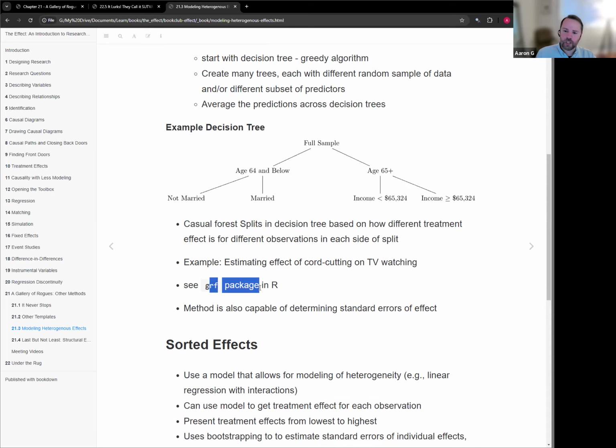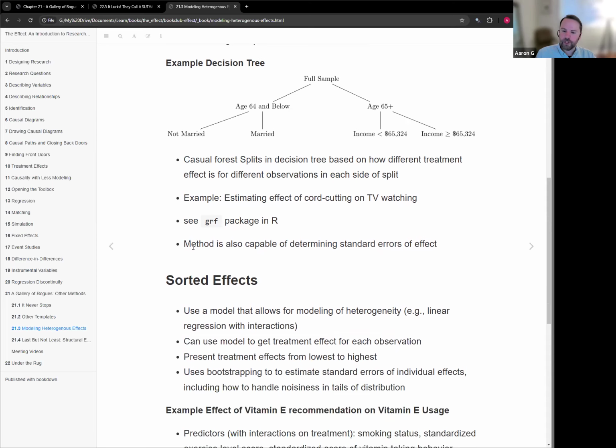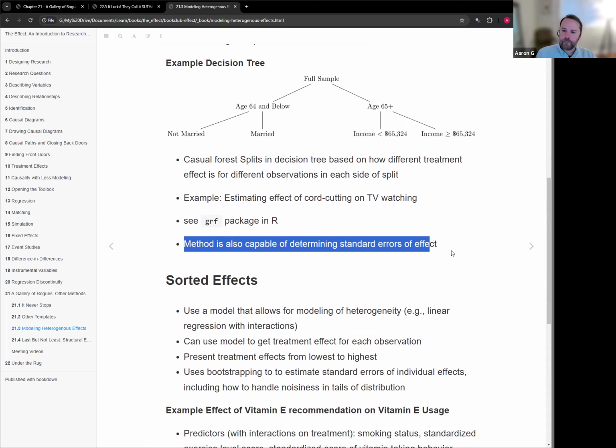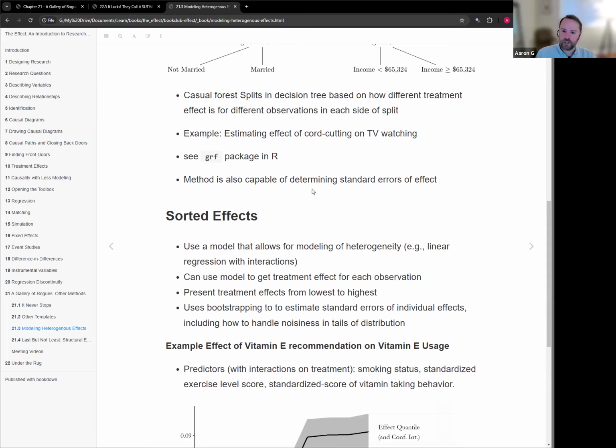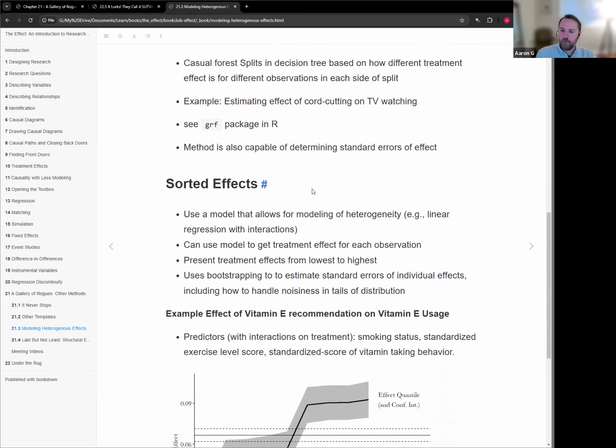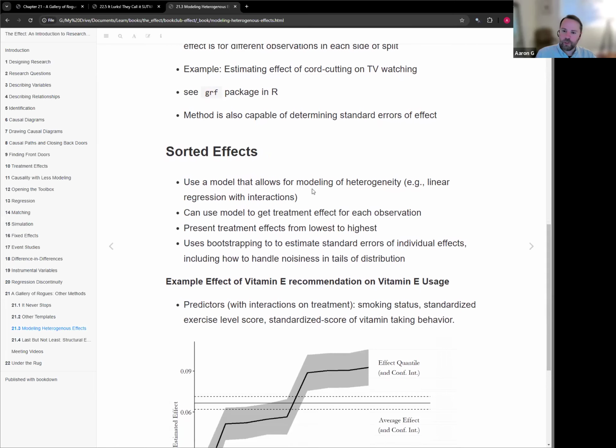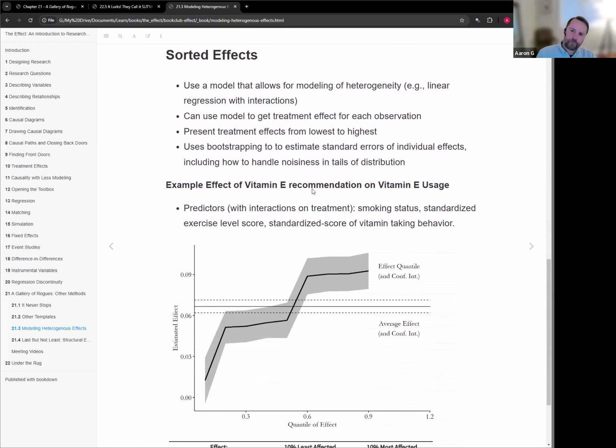There is an R package, GRF, if you're interested. And with any collection of decision trees using a bagging method, it comes with standard errors. That's one of the byproducts, which is nice, not just one estimate. The standard errors come for free.